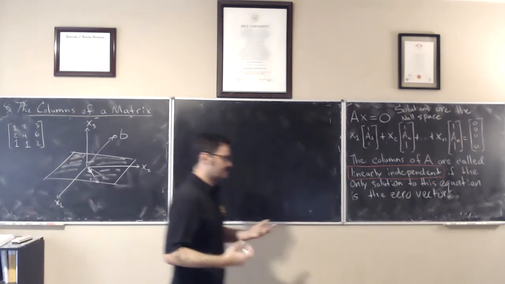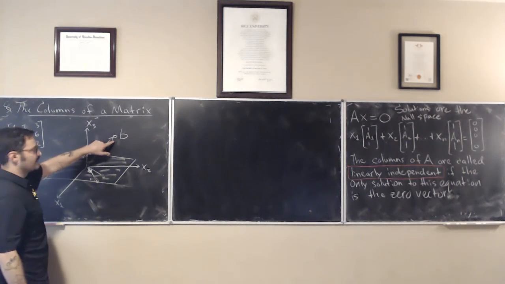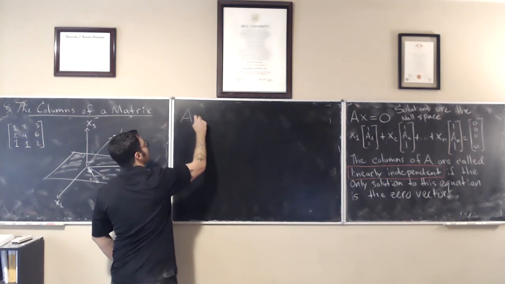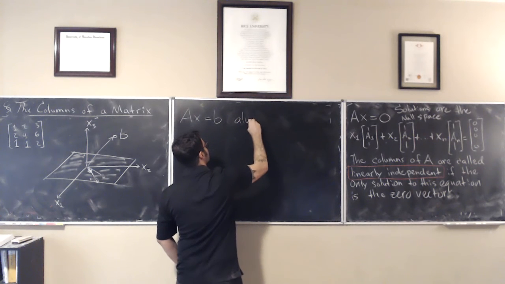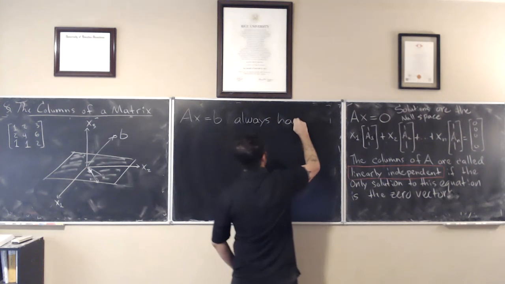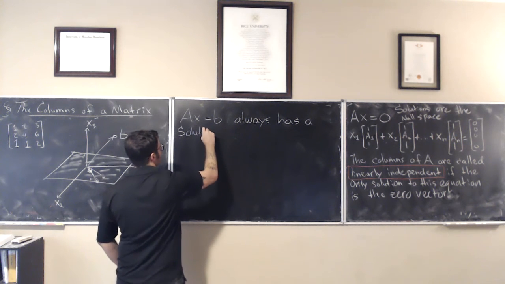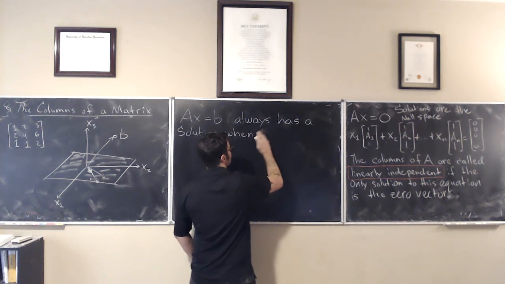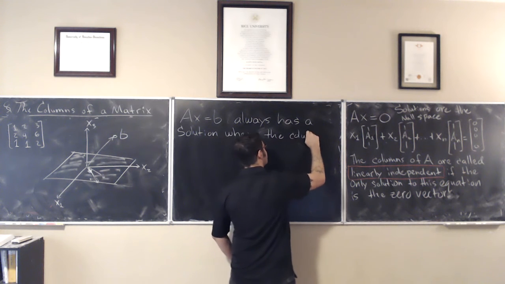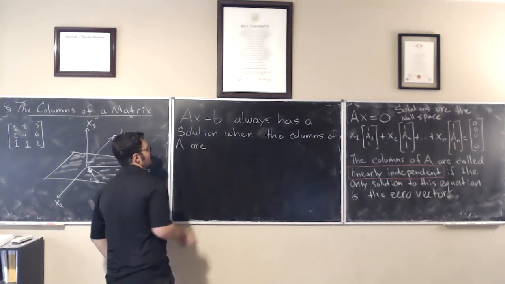If they span the full space, then any vector anywhere, you can get to it by multiplying by A. So AX equals B always has a solution when the columns of A are linearly independent.